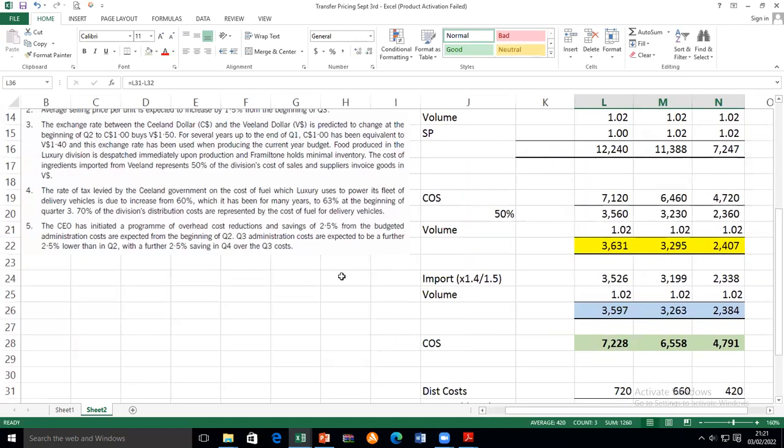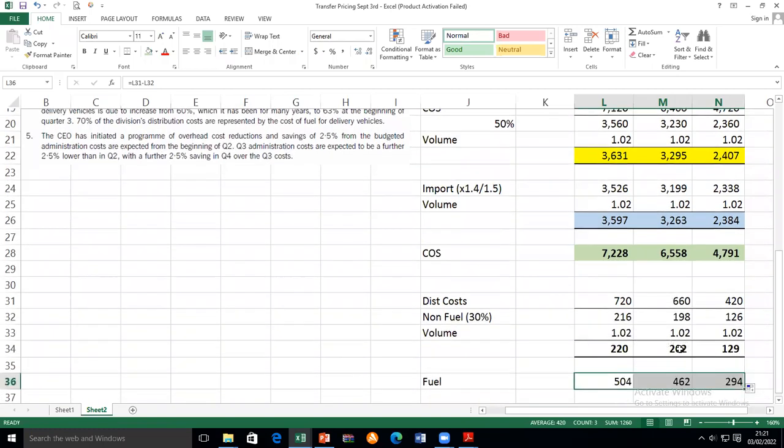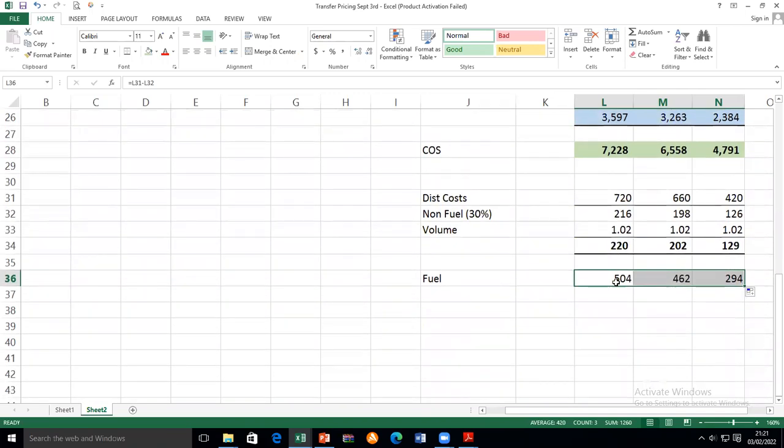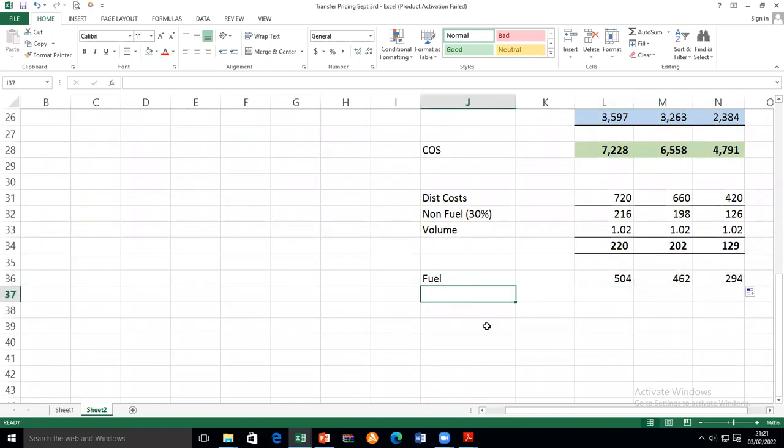When does it start? Starting from Q3. There was a tax of 60%. So all this, there was 60% added. But now we need to adjust. We need to use what rate?